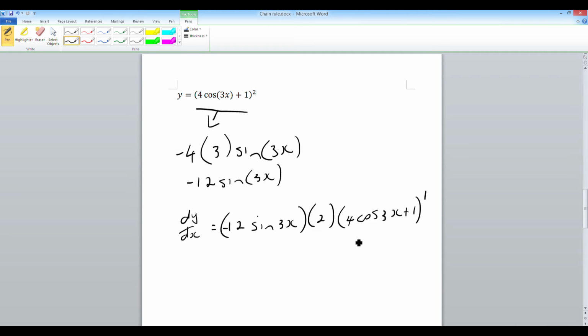So this will be my function. Of course I can simplify this. I can go and say negative 12 times 2 is negative 24 sine of 3x multiplied with, there's another constant here, multiplied with 4 cosine 3x in brackets plus 1. So I have simplified this function.